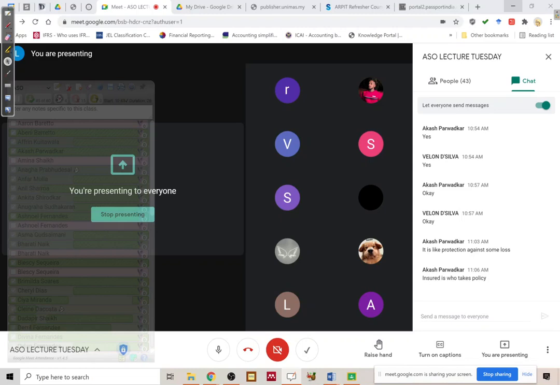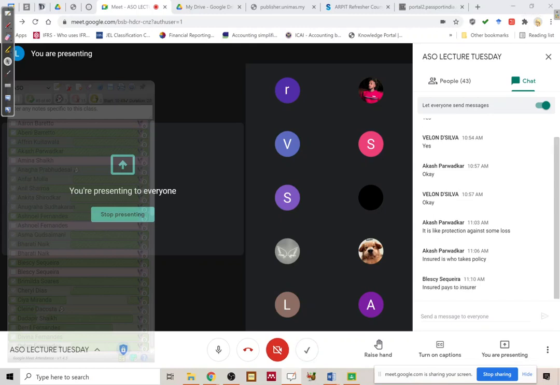Which party, insured or insurer, pays the premium and who receives the premium? These terms are very important because all of our problems will be based on your understanding of these terms. Yes, it is the insured, that is we, who pay the premium to the insurer.